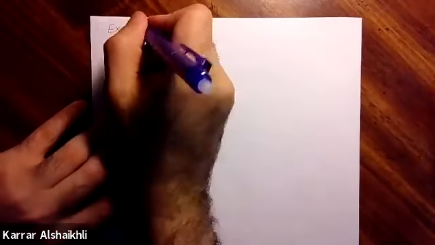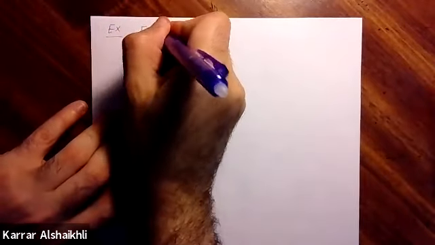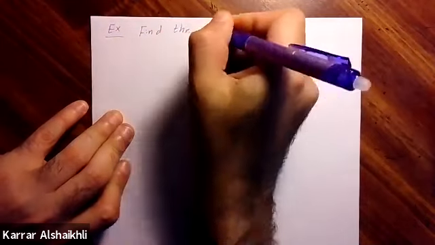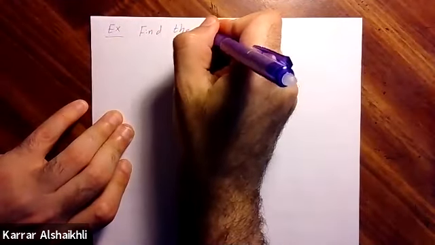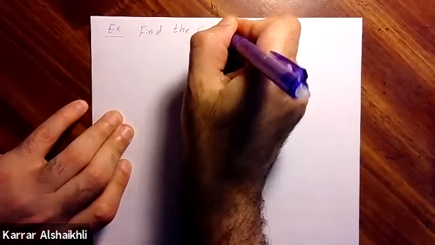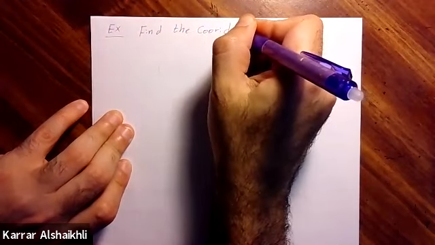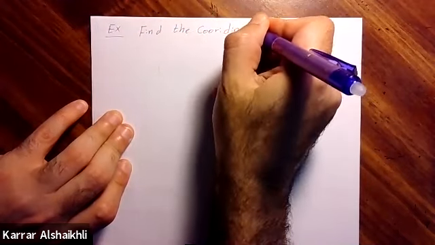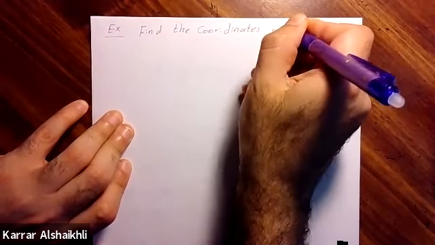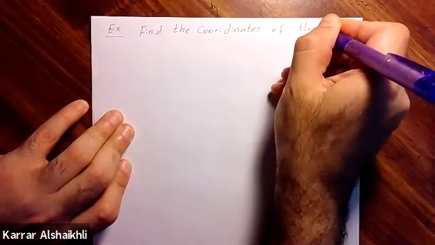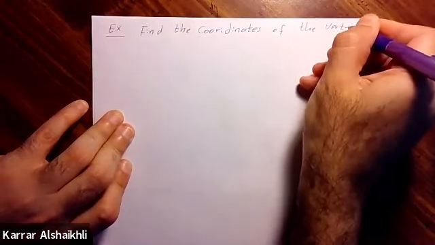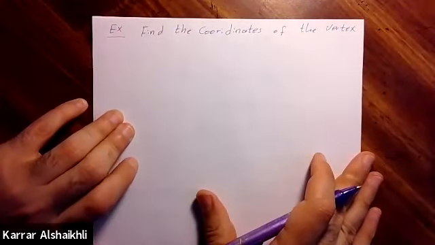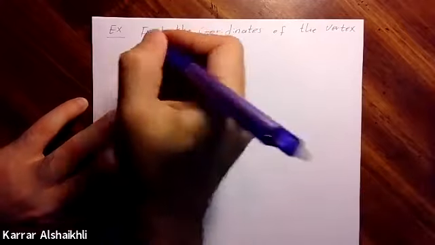Our next example, they ask you to find the coordinate of the vertex. This is really important also. We need to find the coordinate of the vertex, which they already gave you.